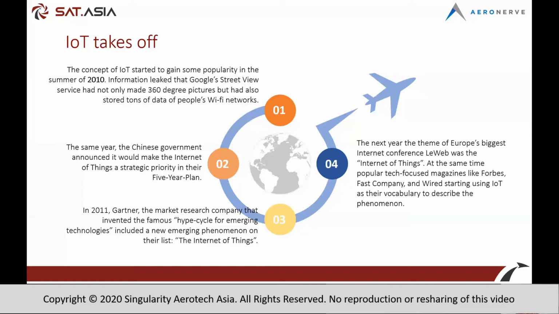In 2011, Gartner, one of the famous market research companies, invented the famous Hype Cycle for Emerging Technologies. I'm not sure whether you are familiar with this, but it is a very good graph or method to explain all kinds of technologies that people in the world are talking about.